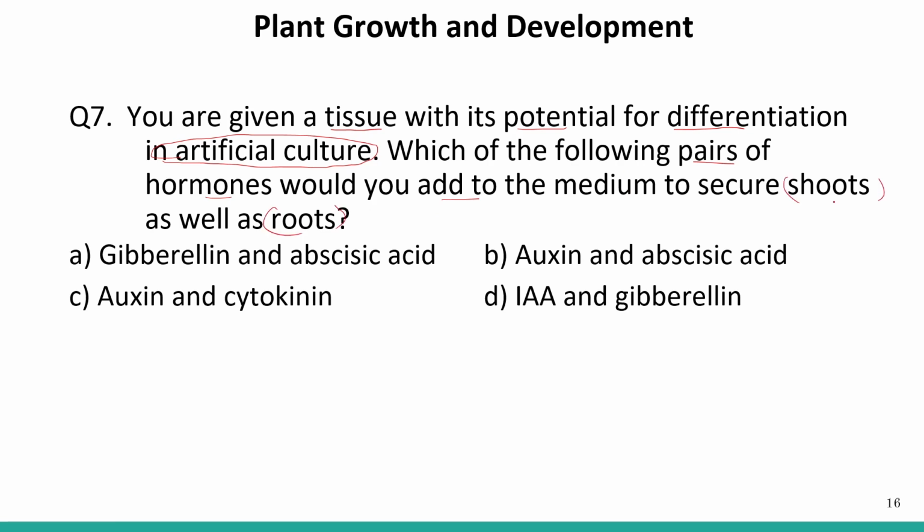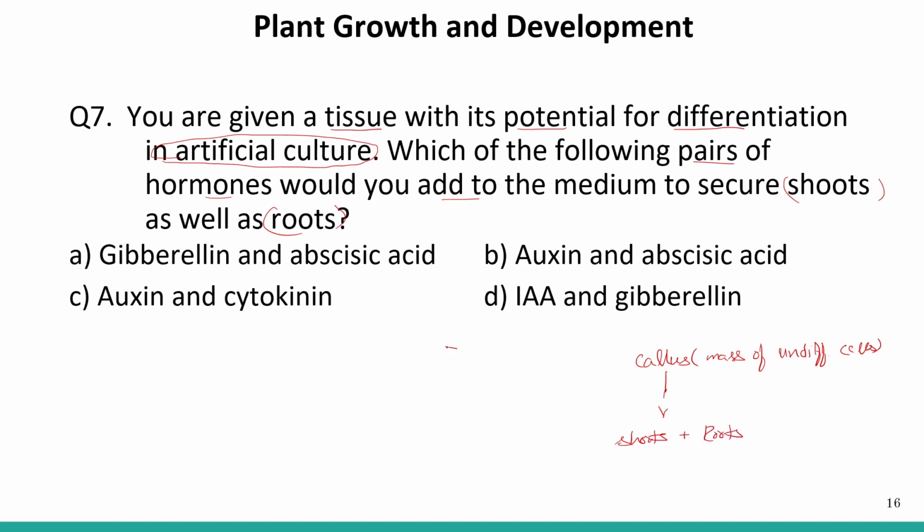So here they are saying, suppose there is a callus, which is a mass of undifferentiated cells. So, which hormone treatment should be given so that it forms both shoots and roots.